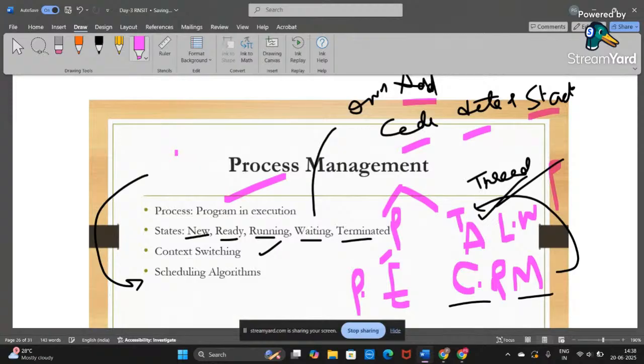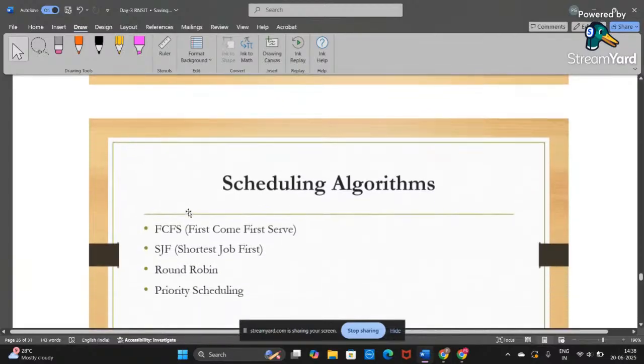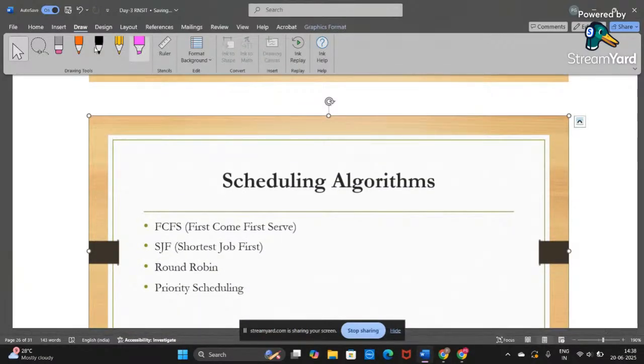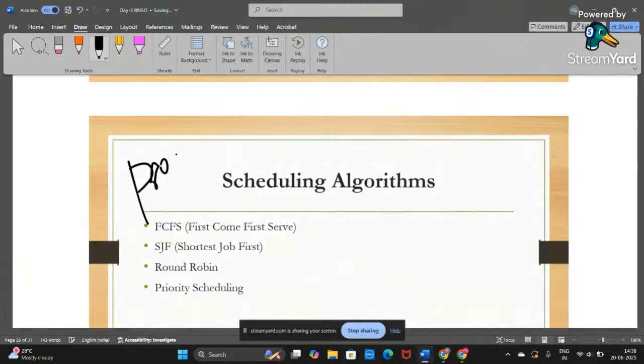Now we'll see what the process scheduling algorithms are.